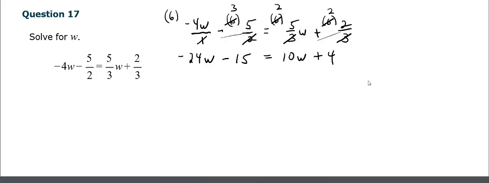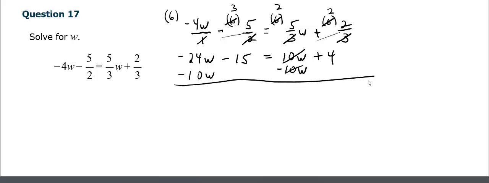So we need to isolate our variable. So I'm going to start by eliminating the 10 on the right hand side by taking its opposite. And negative 24 and negative 10 give me negative 34. Next, I'm going to add 15 to both sides.